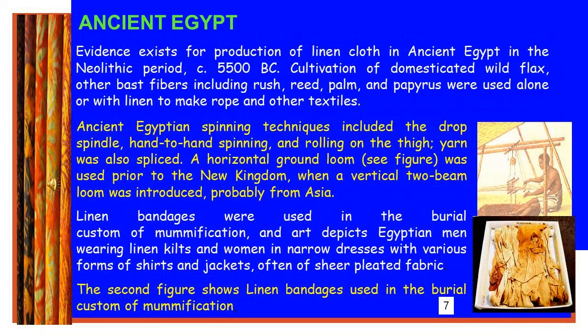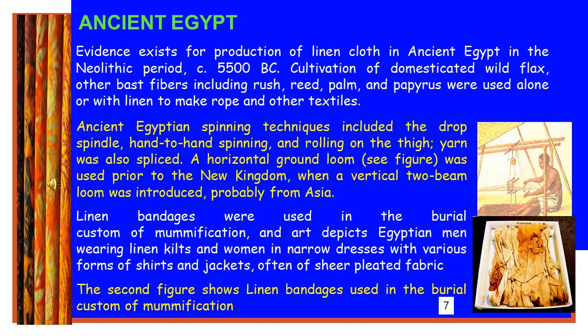Ancient Egypt. Evidence exists for production of linen cloth in ancient Egypt in the Neolithic period, that is about 5500 BC. Cultivated and domesticated wild flax, and other bast fibers including rush, reed, palm and papyrus, were used alone or with linen to make rope and other textiles.